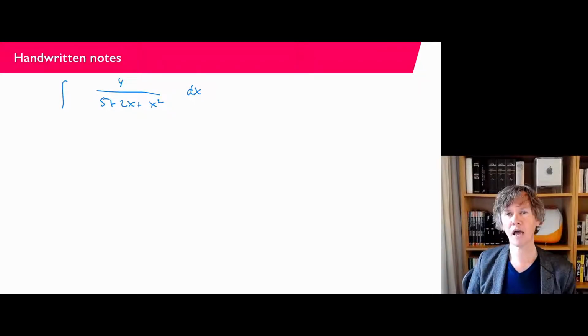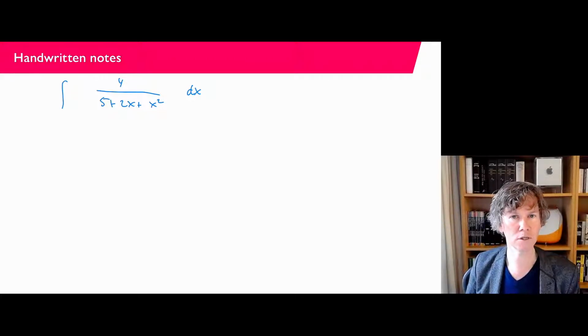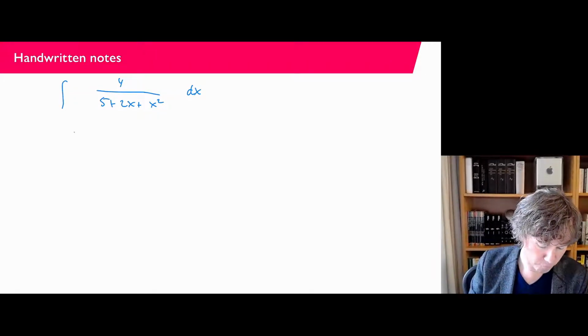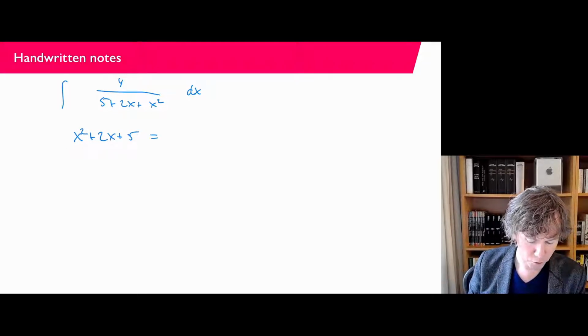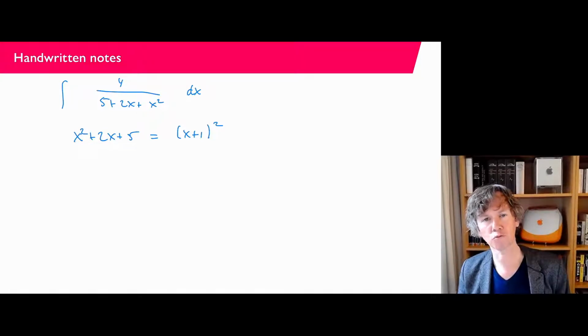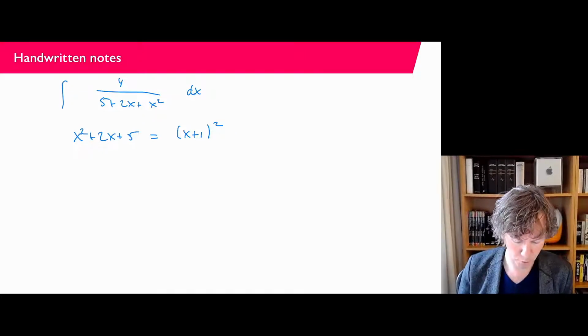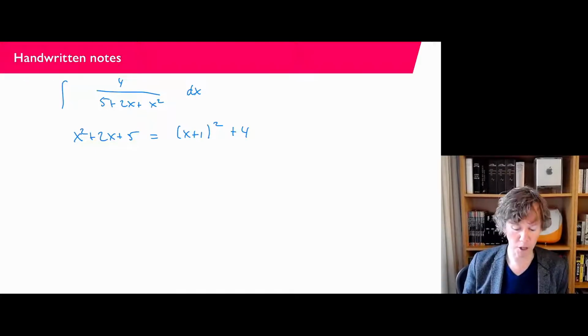The idea that you should have here is that this kind of resembles one of the standard integrals in the list of integrals that you get during the exam. Because if you have x squared plus 2x plus 5, you could write that as x plus 1 squared. And if you get rid of those brackets again, it would be x squared plus 2x plus 1. But there is a plus 5, so I can write it like this. This is the same. So now the equal sign holds.